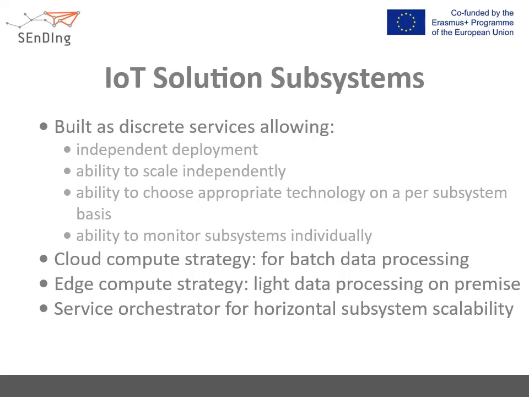It is critical to have the ability to monitor individual subsystems as well as the IoT application as a whole. Subsystems may communicate over HTTPS using JSON, as it is human-readable, or binary protocols for high-performance needs. The discrete nature of the architecture also allows for a hybrid cloud and edge compute strategy, i.e., some data processing is expected to happen on-premise.